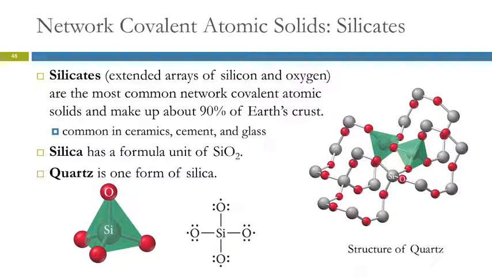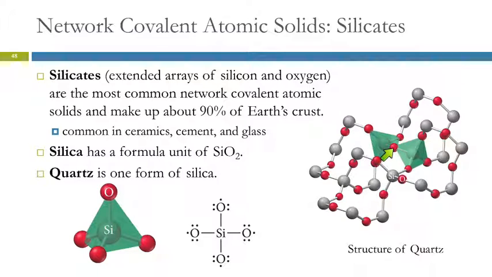So silicates are used in ceramics, cement, and glass. What we call silica has a formula of SiO2. So there are 2 oxygens for every silicon. And if we look at this, we see we've got these tetrahedrons where there's a silicon in the middle, and it's covalently bonded to 4 oxygens.